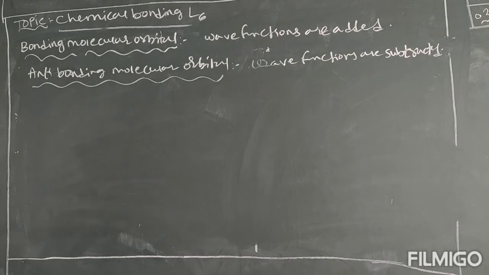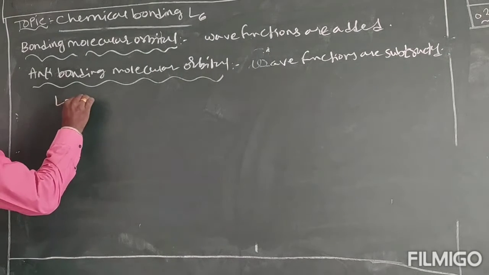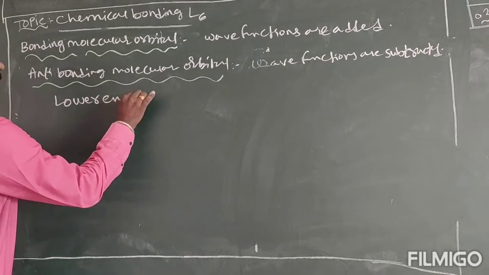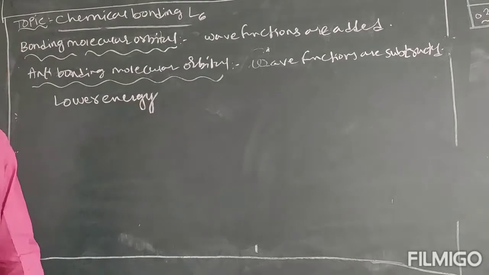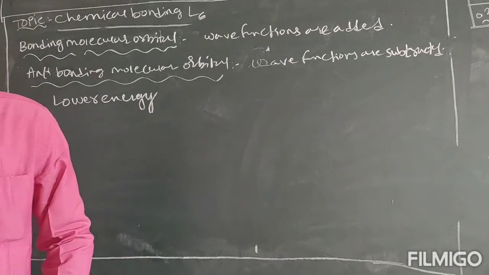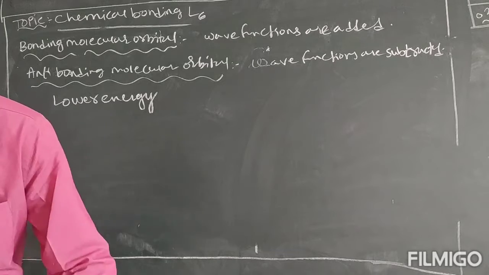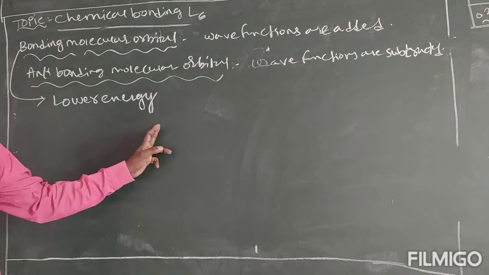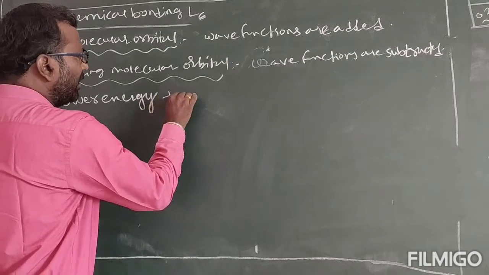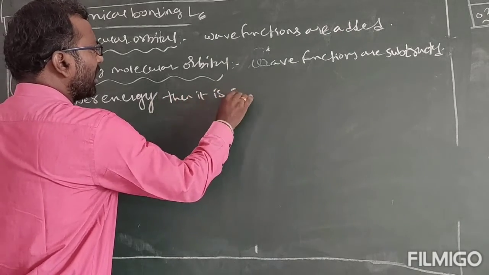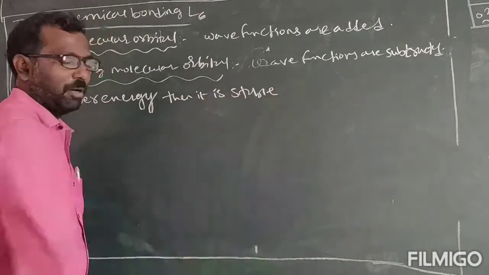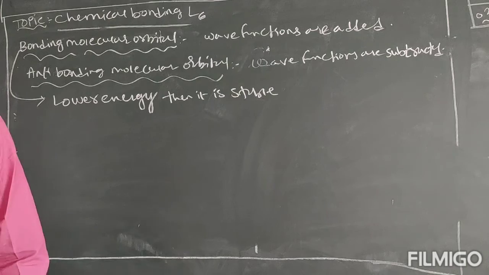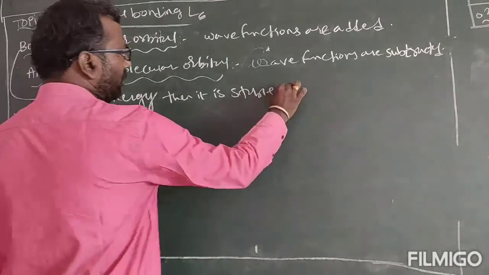And lower energy will have a stable bond level. If the bonding molecular orbital has lower energy, then it is a stable form.